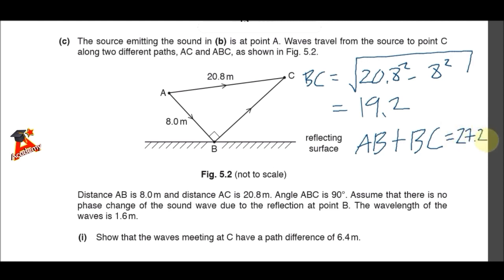Now the difference between 27.2 and 20.8 happens to be our answer. That's what they want us to do there. That's our answer right there, 6.4. That's how we show it.